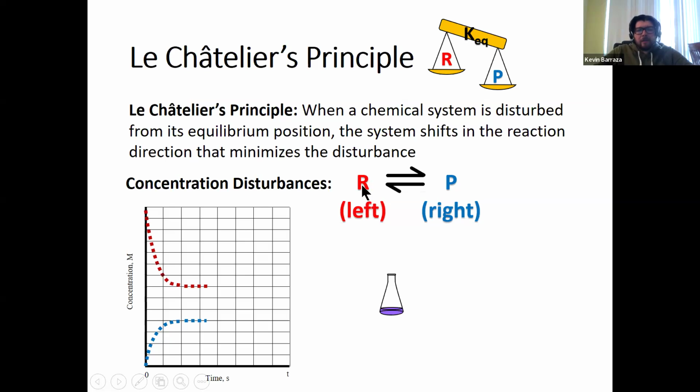So we have a reaction, a simple one, R goes to P. We're reminding ourselves that the R is the left-hand side and the P is the right-hand side. And we see our graph right here. We've reached equilibrium because the concentrations have plateaued.